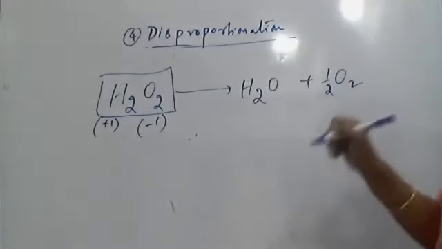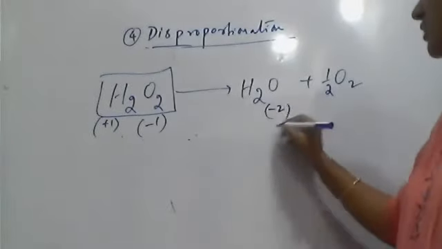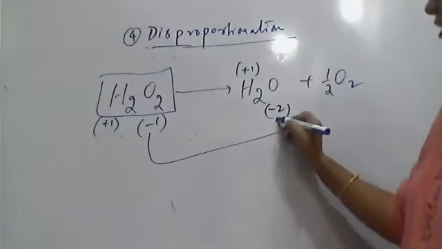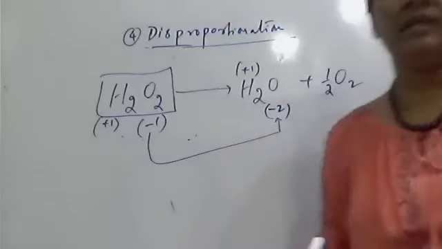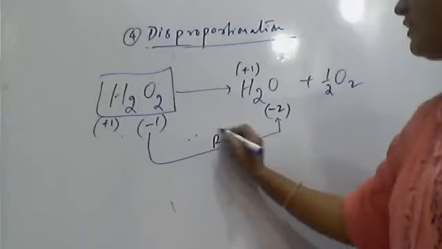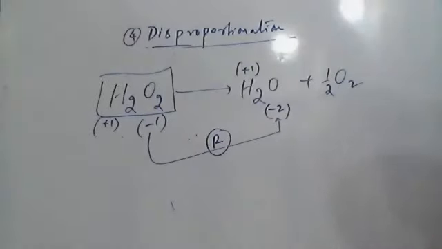Now see, what is the oxidation state of oxygen in H2O? -2, where hydrogen is +1. So -1 to -2: the oxidation state increased or decreased? Decreased. Decreased means it underwent reduction.